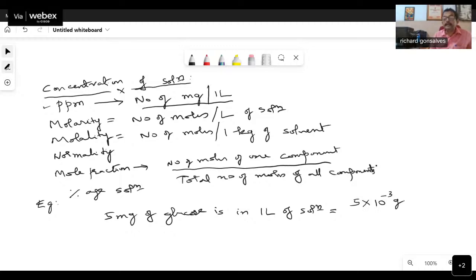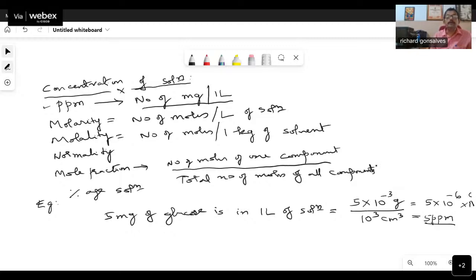Divided by 1 liter is 1000, 10 to the power 3 cm cube. Therefore, is it not equal to 5 into 10 to the power minus 6 gram per cc? This is million, therefore multiply by 10 to the power 6. Million is 10 to the power 6. This will cancel. Therefore, answer will become 5 ppm.